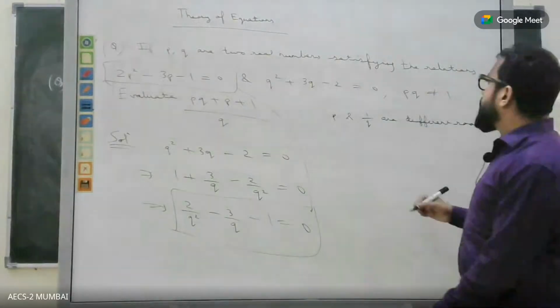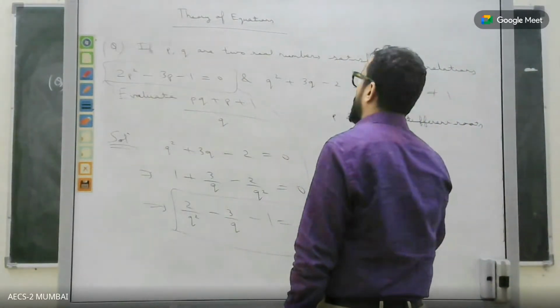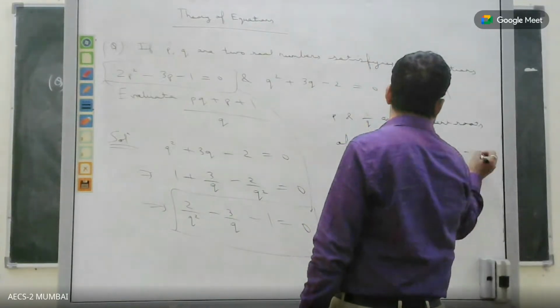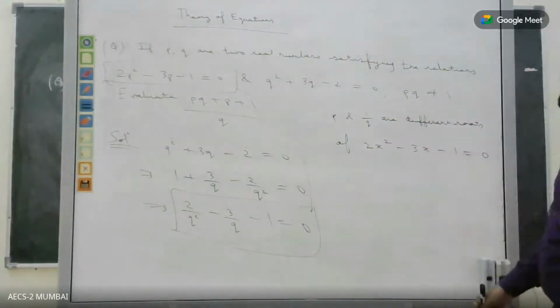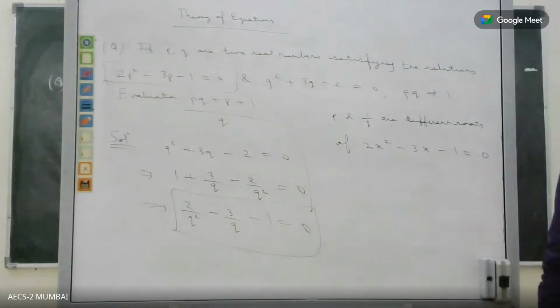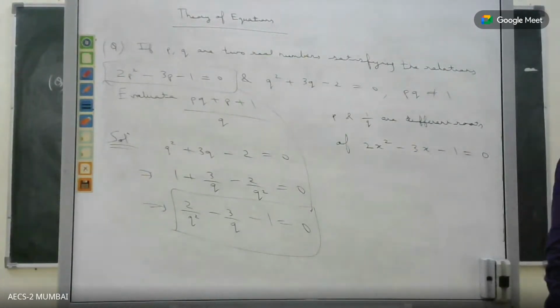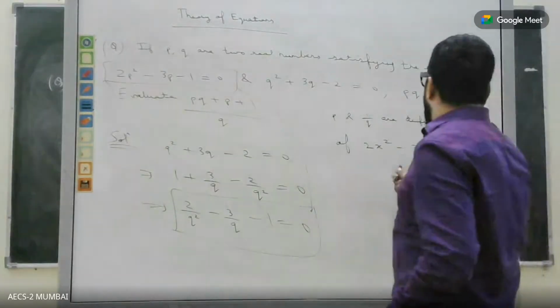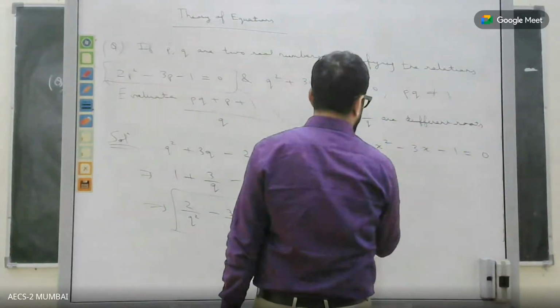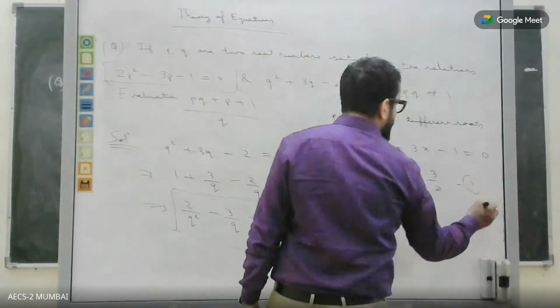That means P and 1 by Q are not the same. Okay? So they are different roots of this. P and 1 by Q are different roots of this. Yes or no? Yes, sir. Correct? अब इसमें sum of roots क्या होगा? Product क्या होगा?